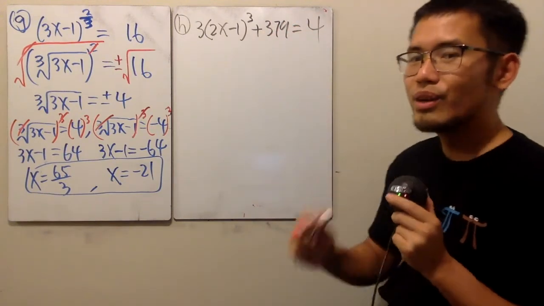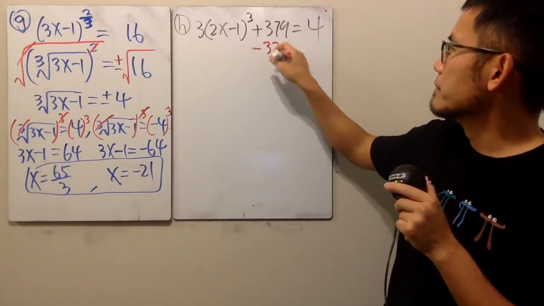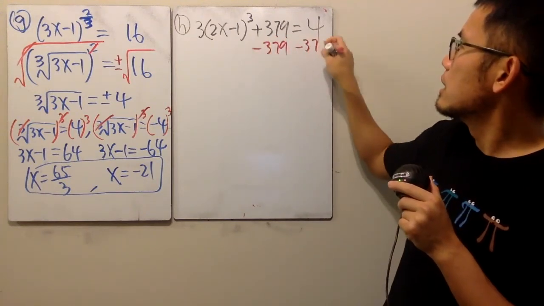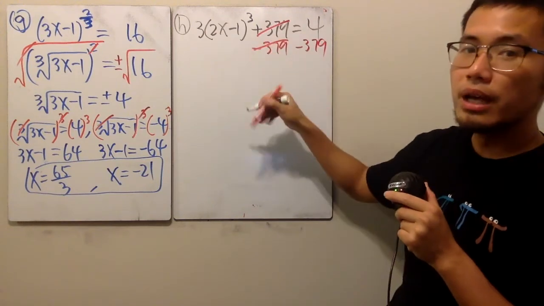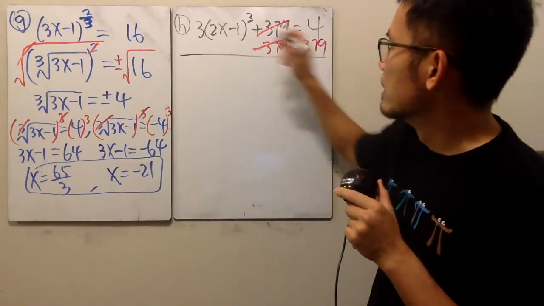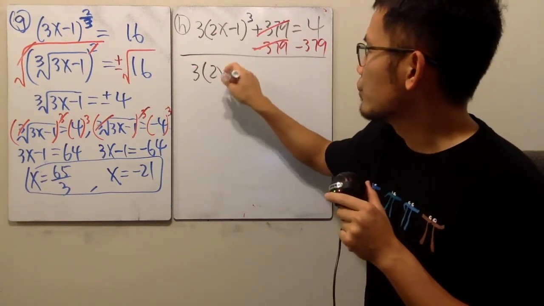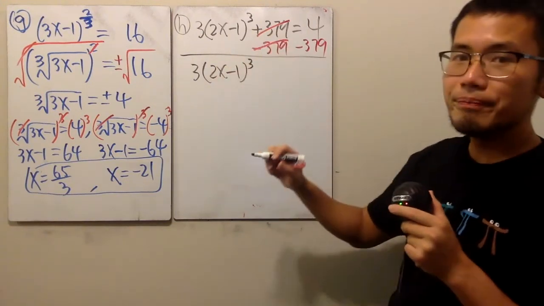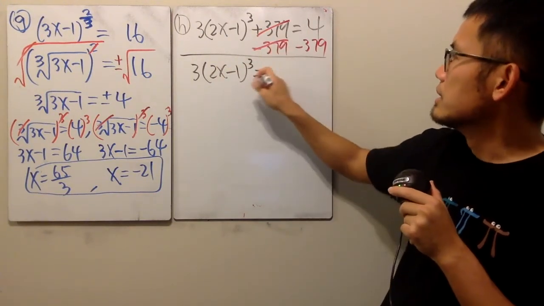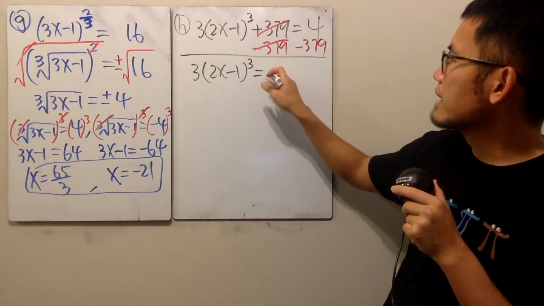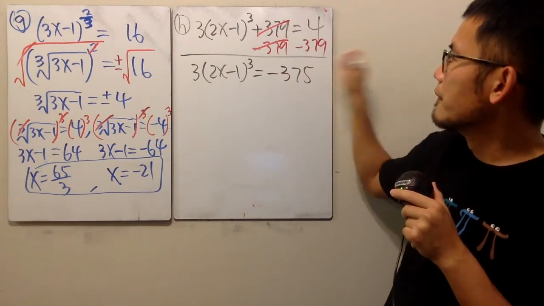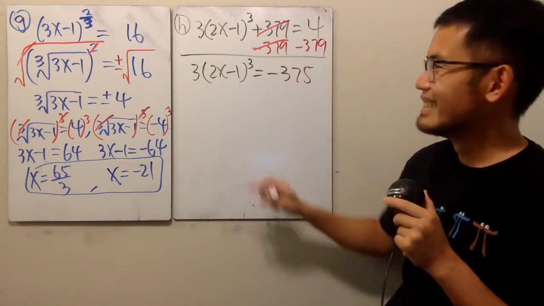And here we go. First, minus 379 on both sides. So that this and that will cancel. And then we see this right here is 3 times the parentheses 2x minus 1 to the third power. Then we see this is 4 minus 379. That's negative 375. Just work that out.